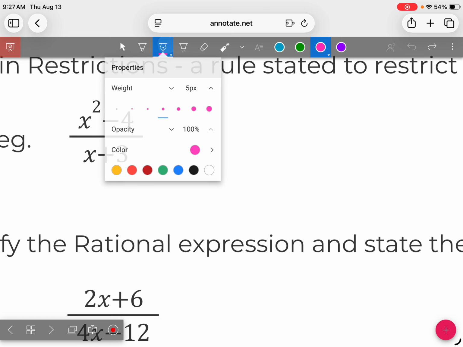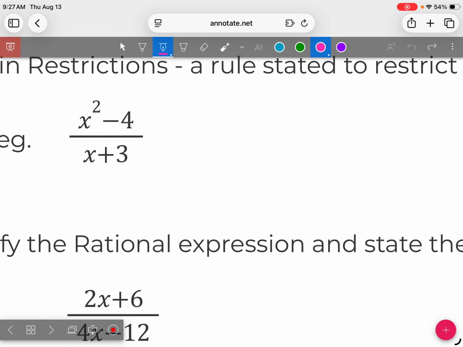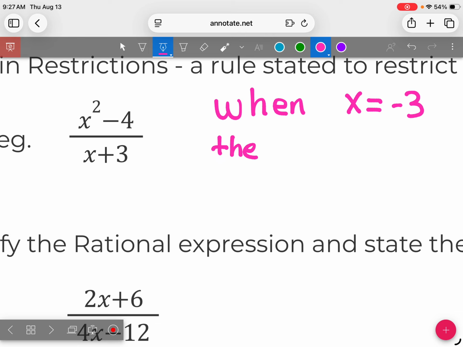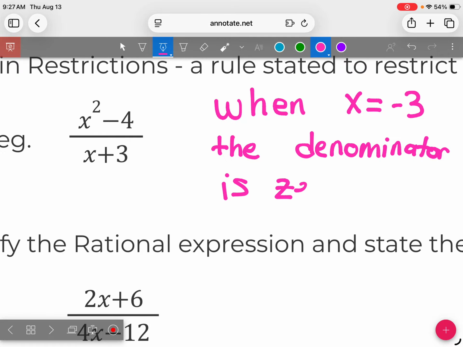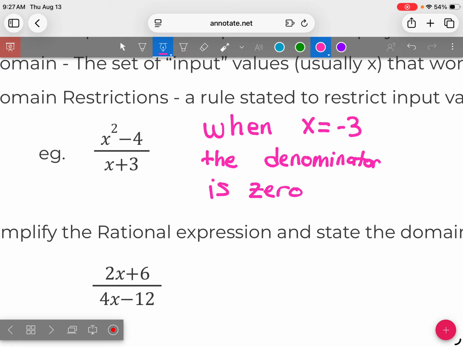Whoa, hang on, I gotta make my pen the same size again. When x equals negative 3, the denominator is 0. And that's a problem, because we can't divide by 0.